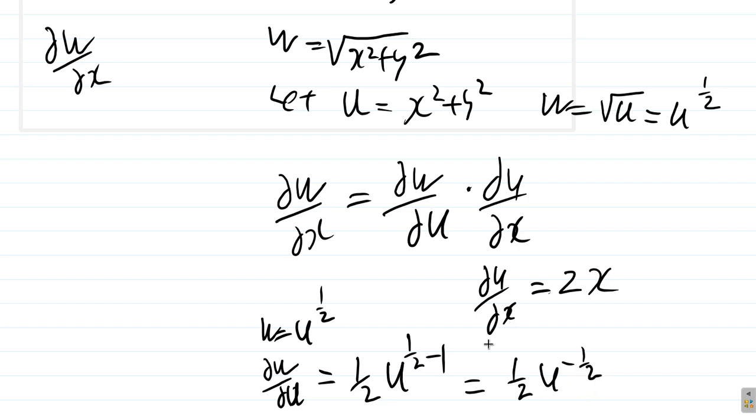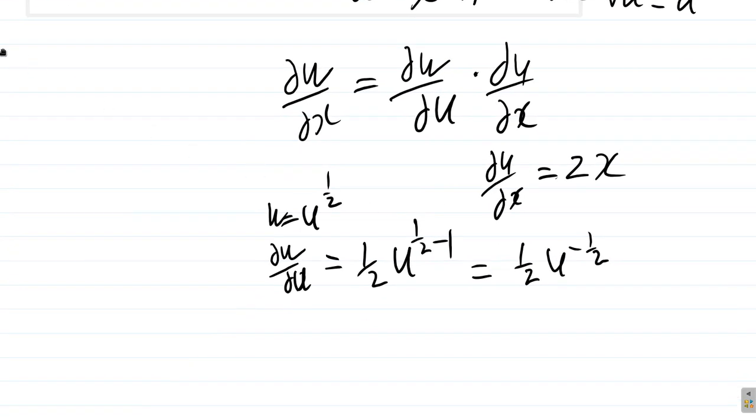See that? So therefore, delta w by delta x is equal to, now remember, derivative of w with respect to u, in this case half u to the negative half, times derivative of u with respect to x, which is 2x.